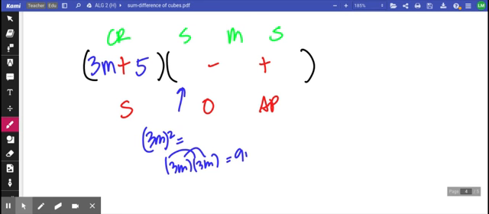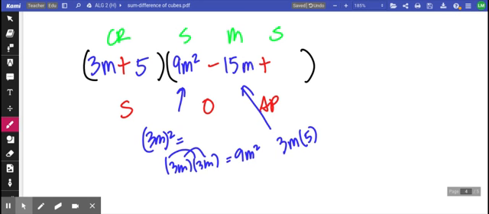M times m is m squared. So squaring the first term gives me 9m squared. All right, middle term, we're going to multiply those 2 together. So we have 3m times 5, which is 15m. And then this last one here, we're squaring the last term, so 5 squared, 25.